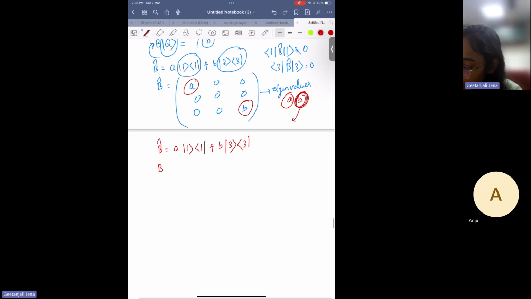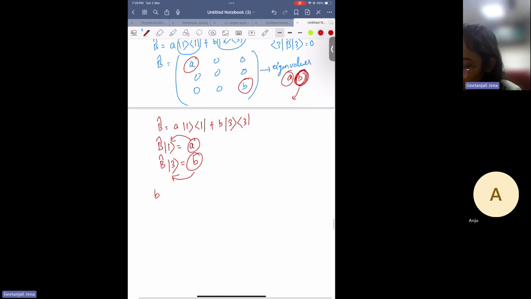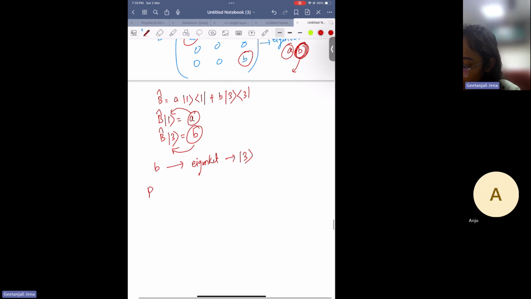Now if you act B on |1>, you will get a, and if you act B on |3>, you will get b. So a is the eigenvalue and its eigenstate is |1>, and b is the eigenvalue and the corresponding eigenstate is |3>. So the probability of getting b is the same as the probability of getting the state |3> after the measurement.